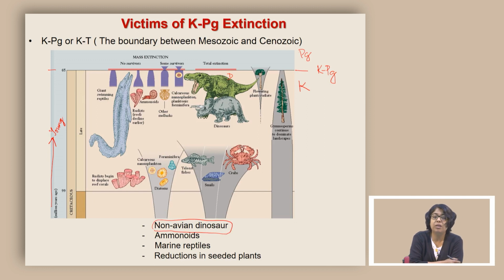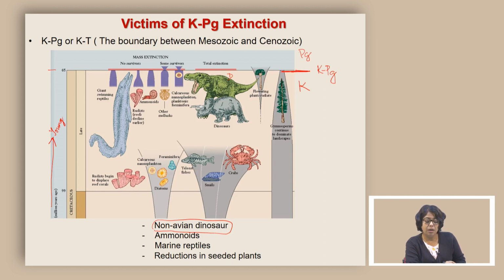These non-avian dinosaurs are those dinosaurs which are not bird-like or not flying, and therefore, they are called non-avian dinosaur. These non-avian dinosaurs are very well represented during the Cretaceous and before, but the moment we crossed the KPG boundary, we do not find a single representation of this non-avian dinosaur.